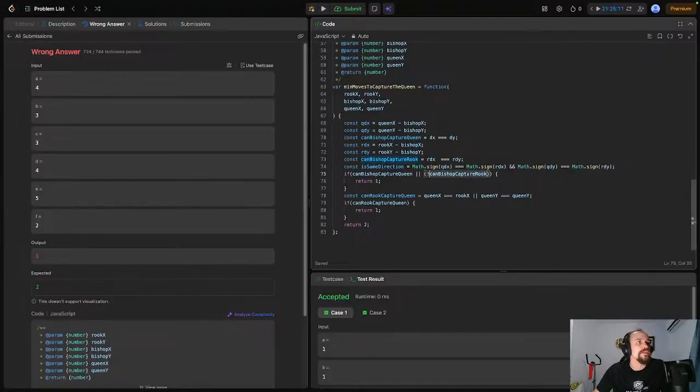So we can capture the queen. The bishop can capture the queen as long as it can capture the queen. It can't capture the rook. Or they're not the same direction.